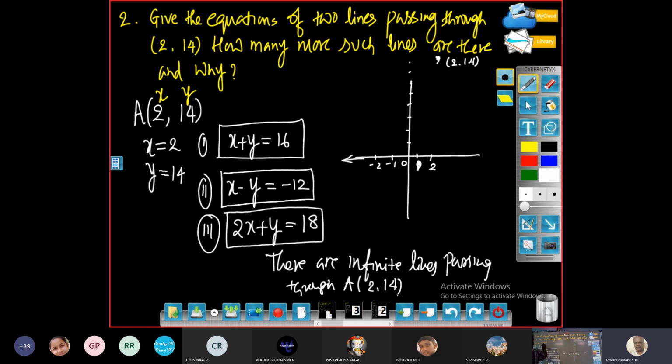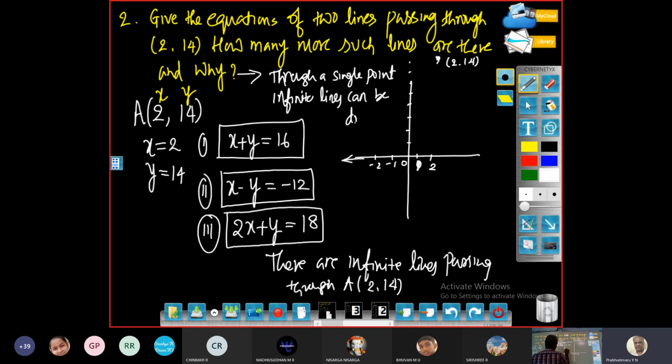The reason why we have asked this is that through a single point, infinite lines can be drawn. Suppose this is the point A, you can draw like this, infinite lines passing through it.